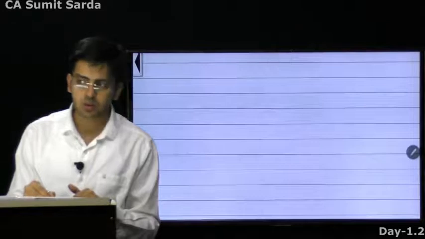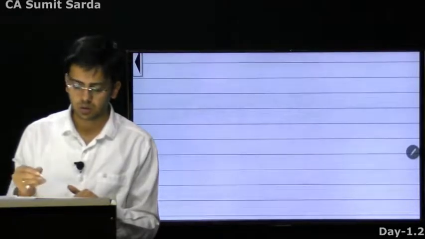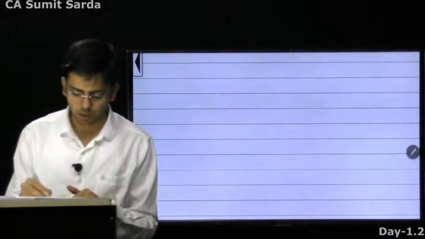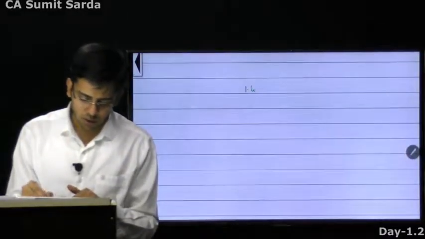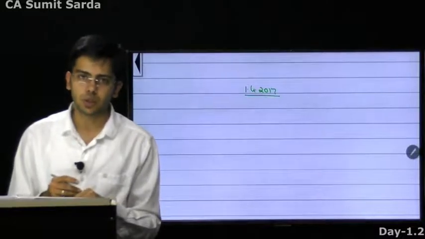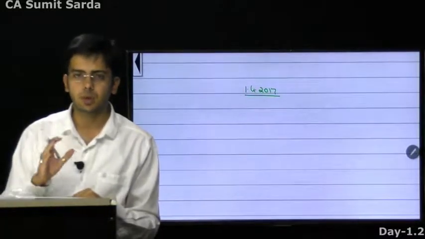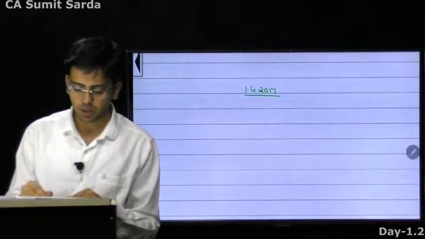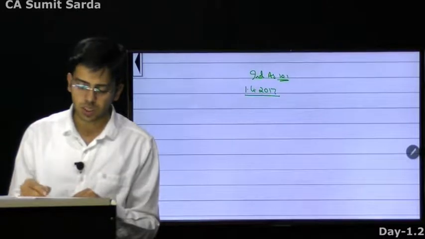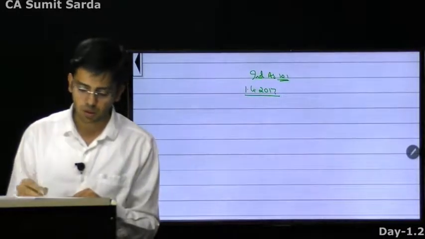See, we had discussed the balance sheet that is to be presented. I don't think I have discussed that. Suppose the applicability of Indian accounting standard comes from 1st April 2017. The date from which the applicability comes. First, I am talking about applicability. So there is a standard Ind AS 101, first time adoption, which says that you will have to present 3 balance sheets.